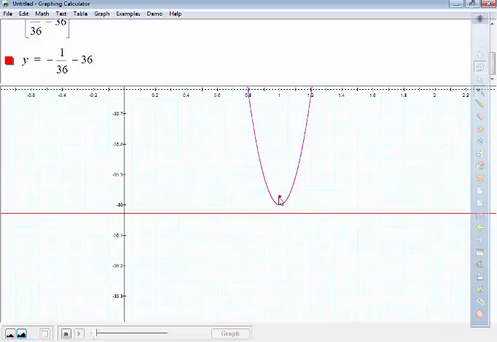So here's the relationship between the parabola and the new focus and directrix that we just found, and it looks like it's where it's supposed to be, right? So, is that okay? All right. I guess we should try to sneak this picture in.